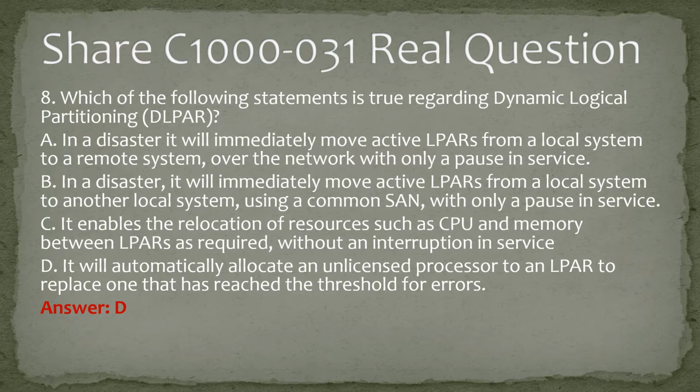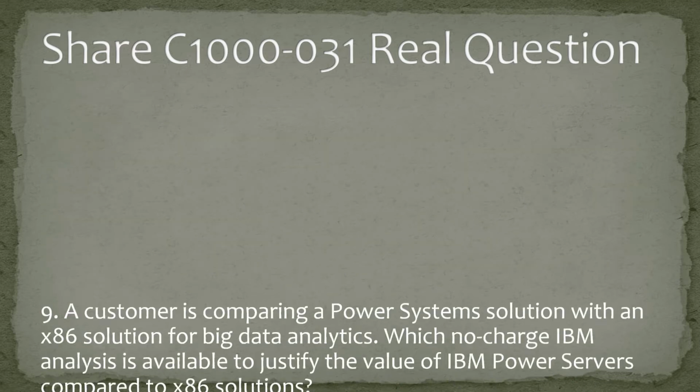C. It enables the relocation of resources such as CPU and memory between LPARs as required, without an interruption in service. D. It will automatically allocate an unlicensed processor to an LPAR to replace one that has reached the threshold for errors. Answer: D.